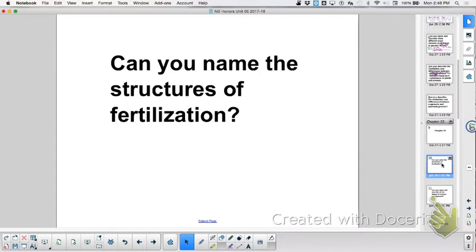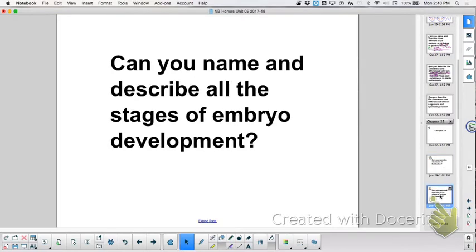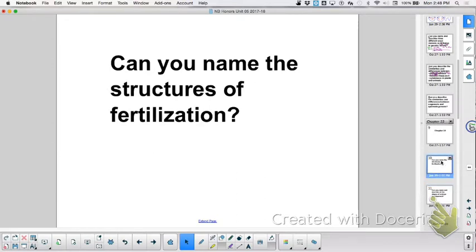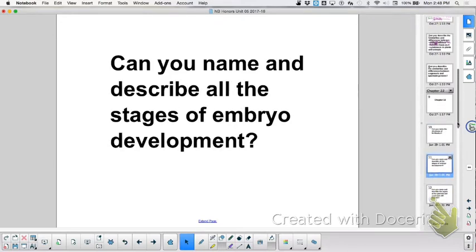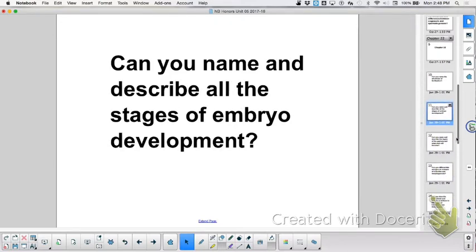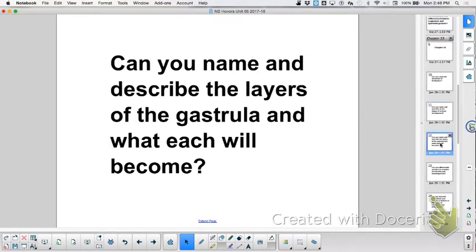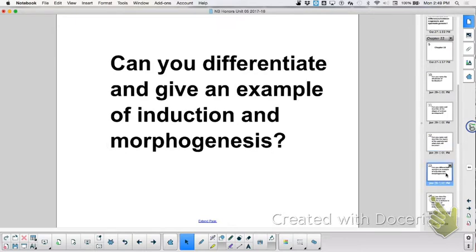Okay, did we hit them all? I think we did. Can you name and describe all the stages? We just did. The structures, the egg and the sperm. We did the structures, and now we did the stages. Questions, concerns? Okay. Can you name and describe the layers of the gastrula? Yes, totally did it. Check. Can you differentiate and give an example of induction? Yes, we just did.